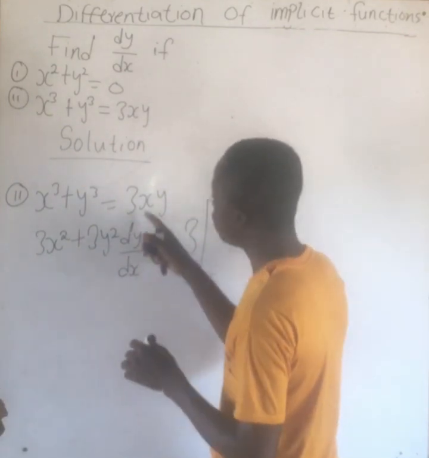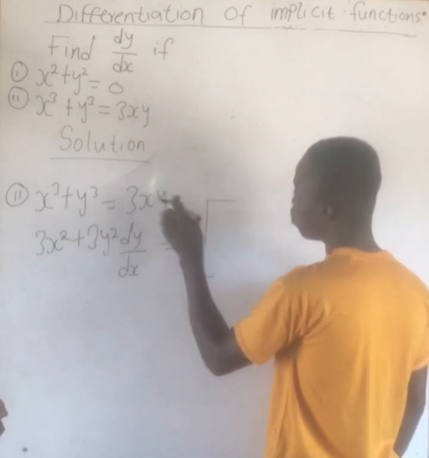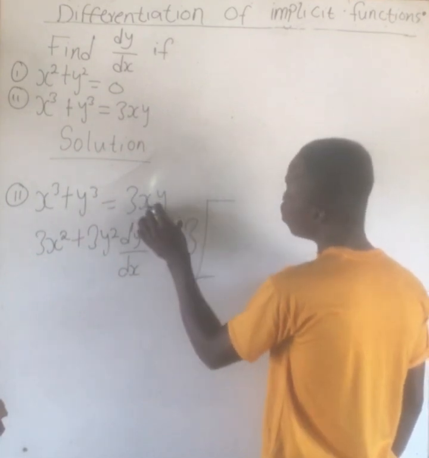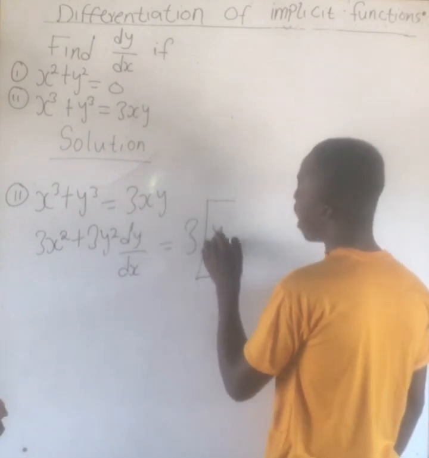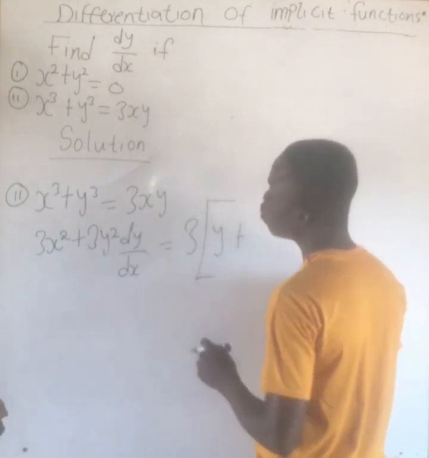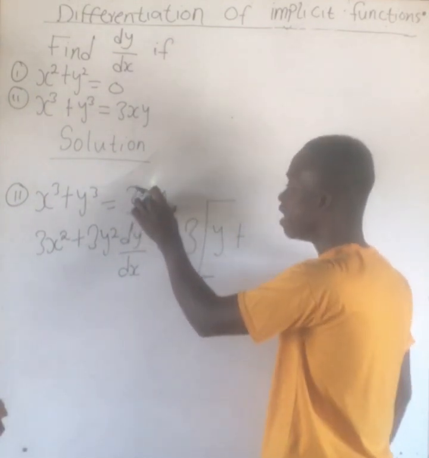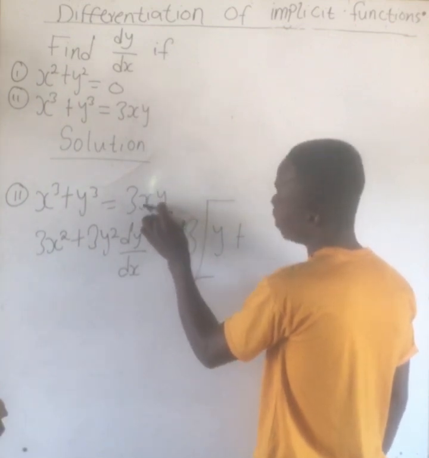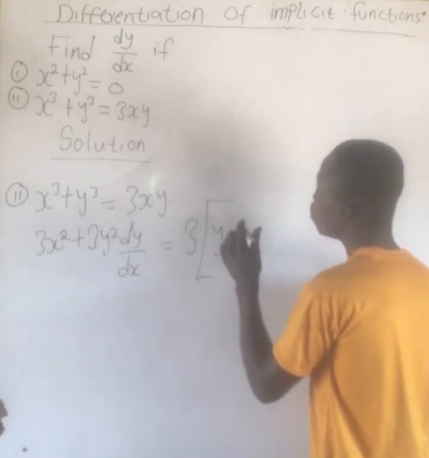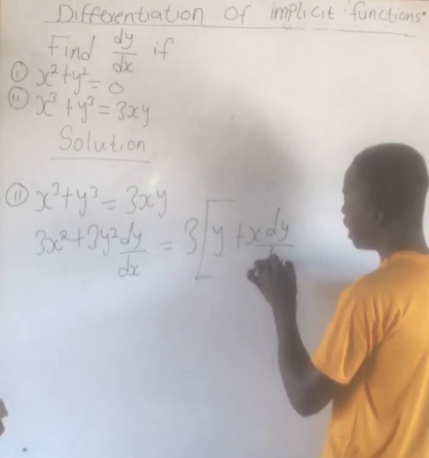Then we will have to differentiate xy. When you're differentiating x, you hold y. Differentiating x will give you 1, and then y multiplied by 1 will give you y. Plus here, differentiating y, leaving x, will give you 1, and that will be dy over dx multiplied by 1, then the x will come in multiplied by x. So that will be x dy over dx.